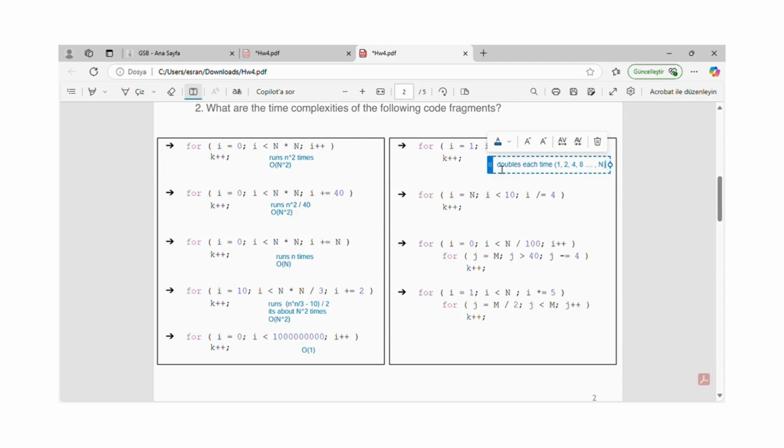So here our time complexity is O(log n), right? O(log n).